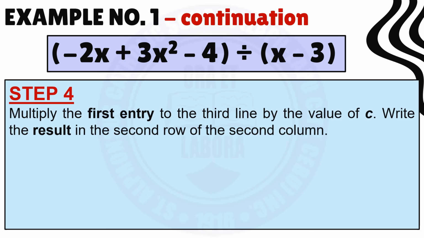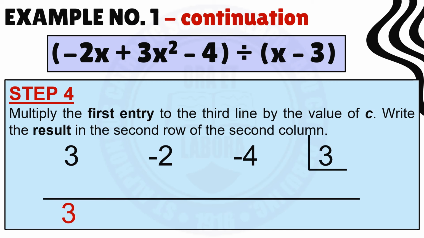Step 4. Multiply the first entry to the third line by the value of C. Write the result in the second row of the second column. To illustrate, since you already have 3 here, multiply 3 with C, 3. Then you place your answer here, and that is equal to 9.